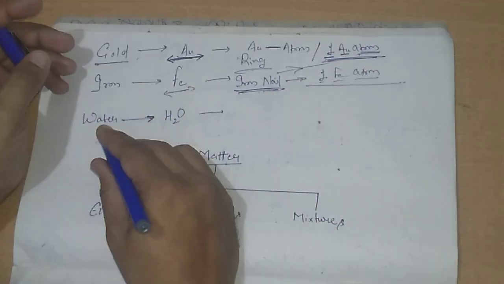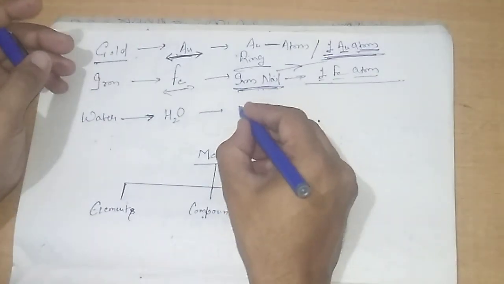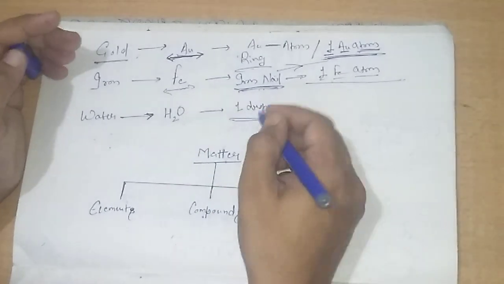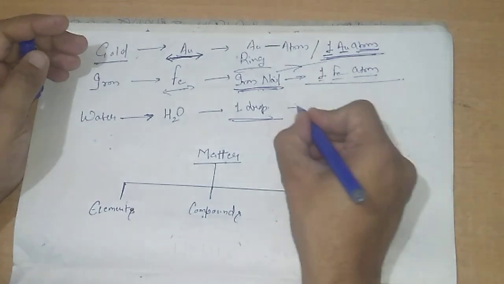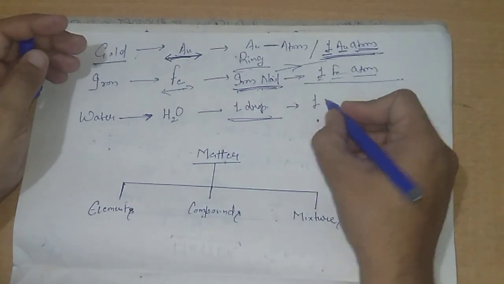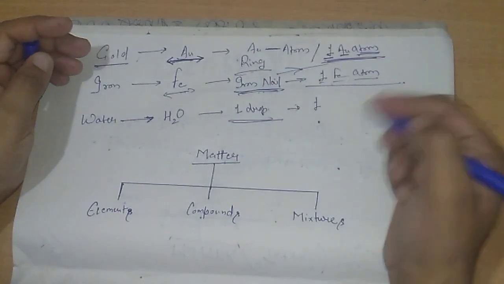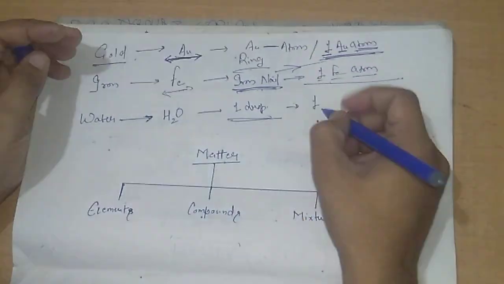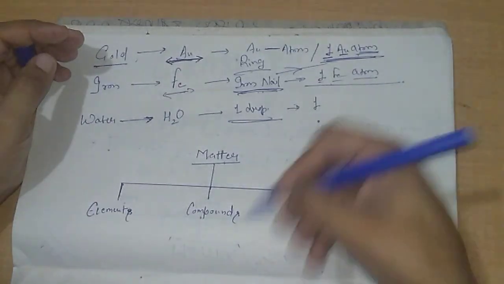Now let us talk about water. One drop of water, can we say it is made up of one water atom, one atom of water? No. Why? Because water has two substances in it.